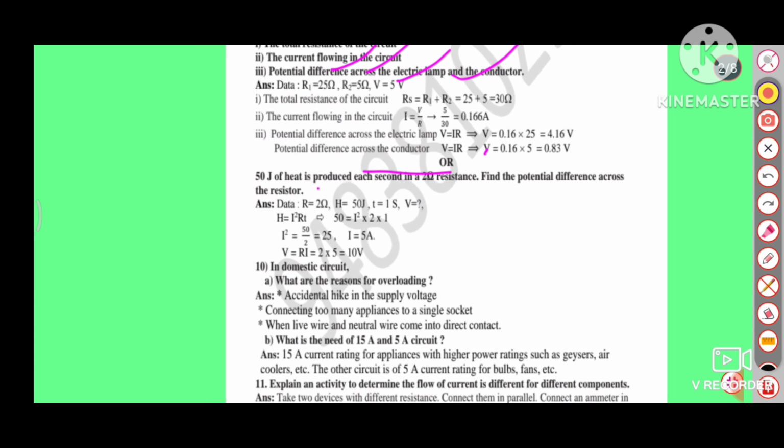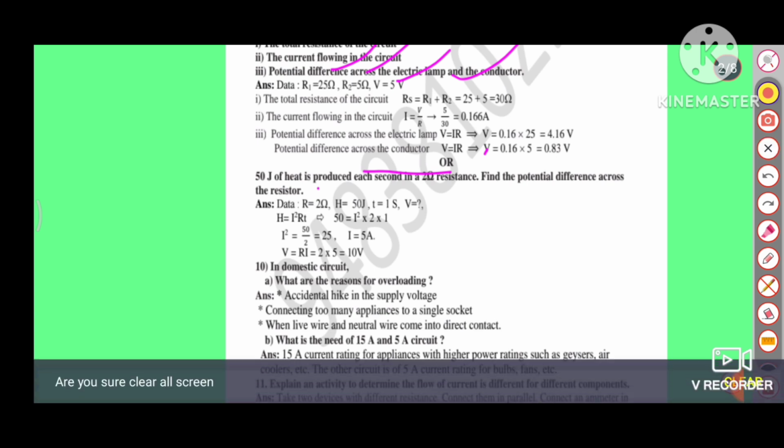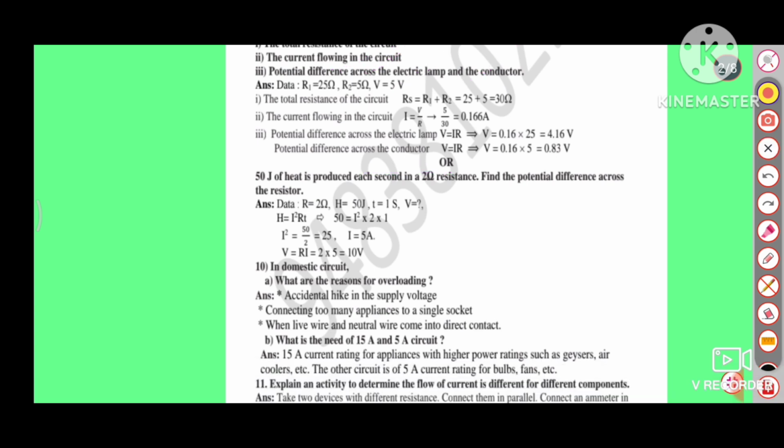Next, 50 joules of heat is produced each second in a 2 ohm resistance. Find the potential difference across the resistor. Given R = 2 ohm, heat = 50 joule, time = 1 second.